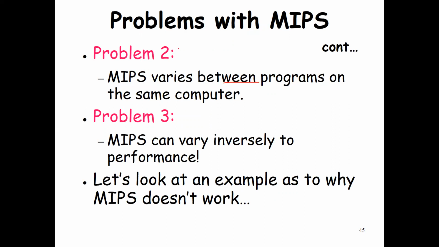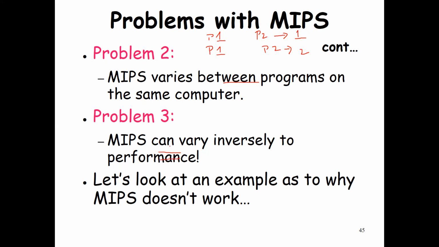If you calculate the MIPS of 2 different processors, processor 1 and processor 2, on a particular program, it will give some MIPS value. If you calculate the performance of processor 1 and processor 2 on some other program, it will give some other MIPS value, which is again not reliable. And the third drawback is that MIPS can vary inversely to performance.